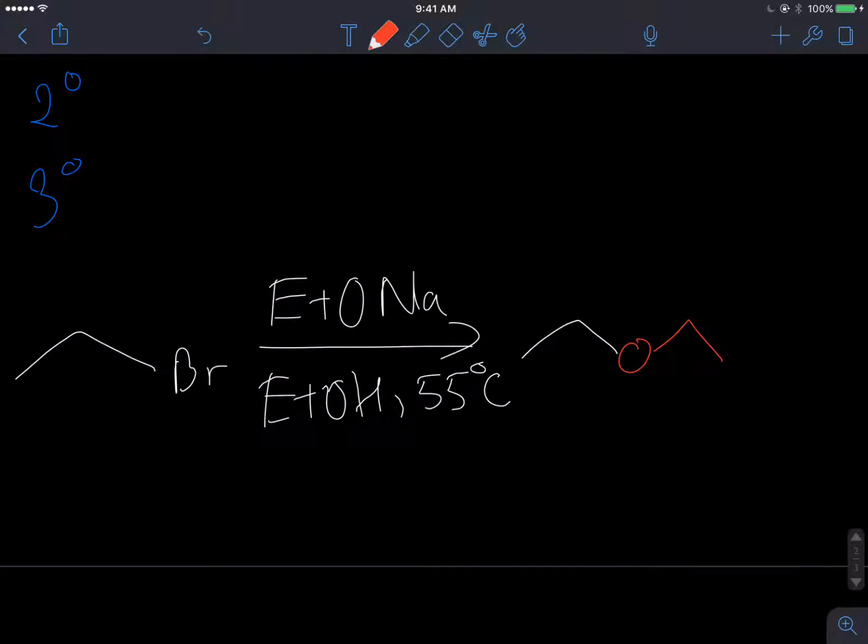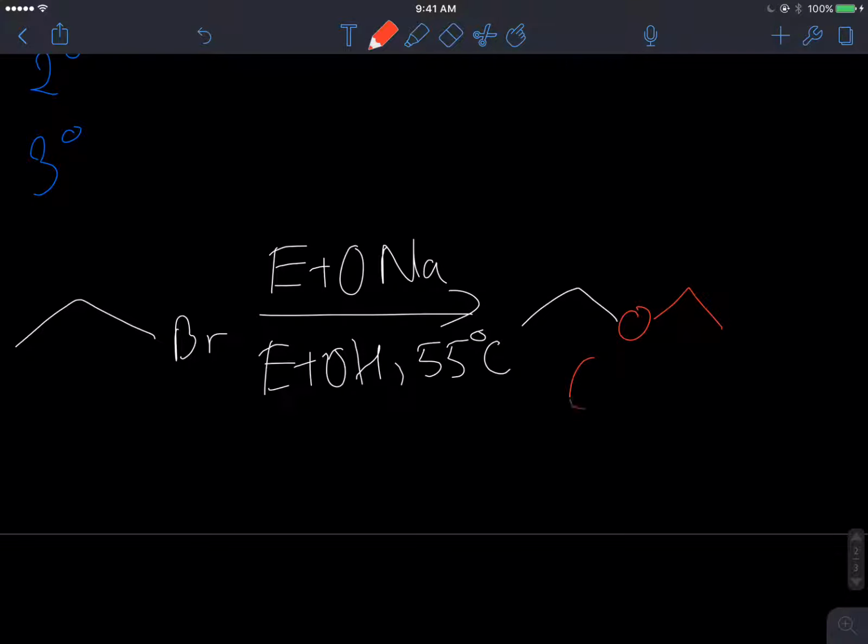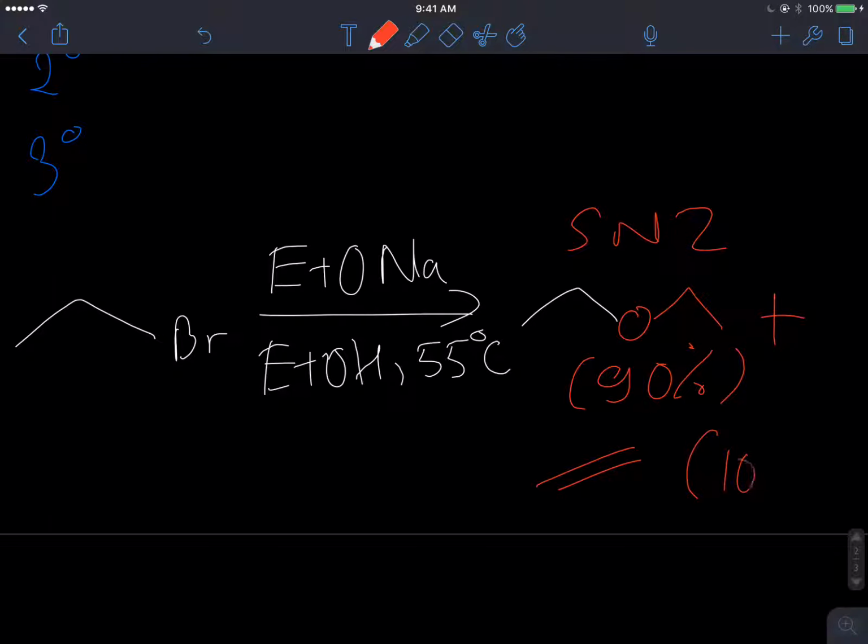This is 90% SN2, and 10% is going to be the elimination reaction, which is this one, just around 10%. This is the E2 reaction. That's for the primary substrate.